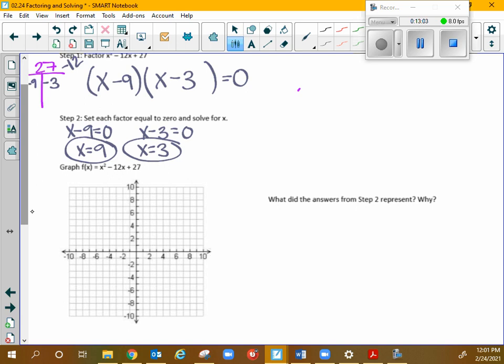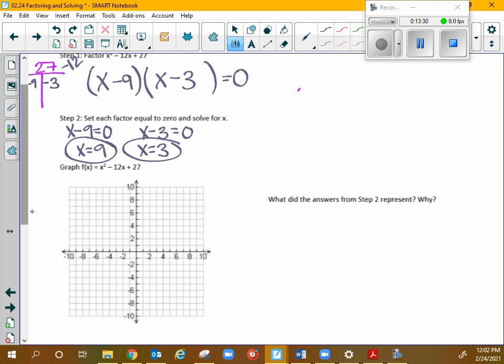What I need you guys to do now, push Control T and pull up that table. Now, what's my y-intercept on that? 27. Is that going to fit on my graph? No. What's the first point that fits on my graph? 27.